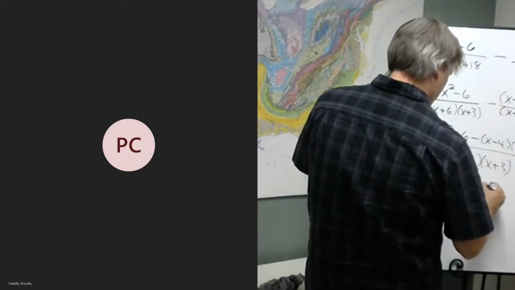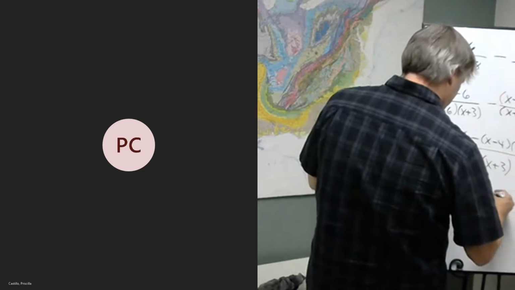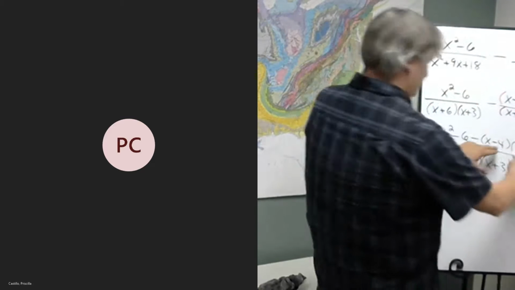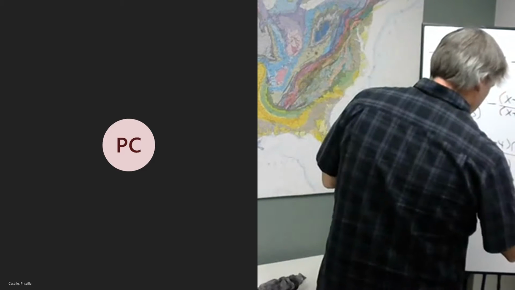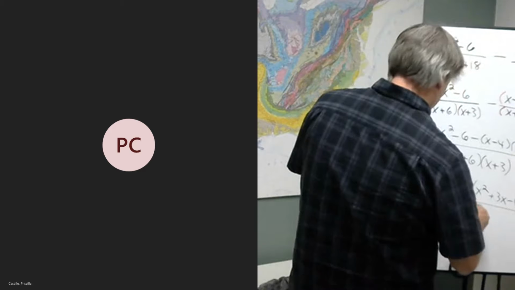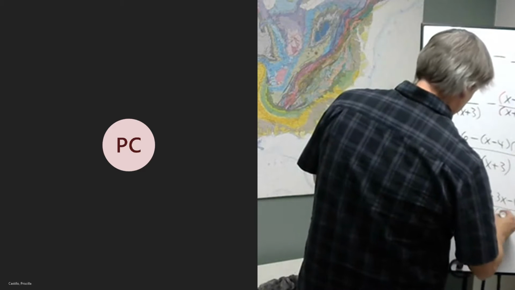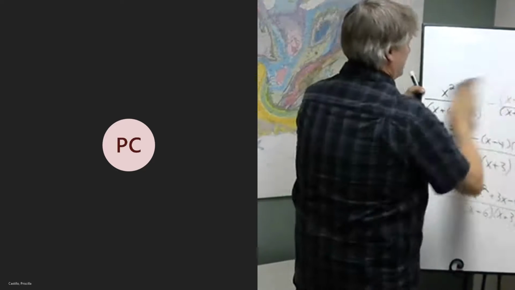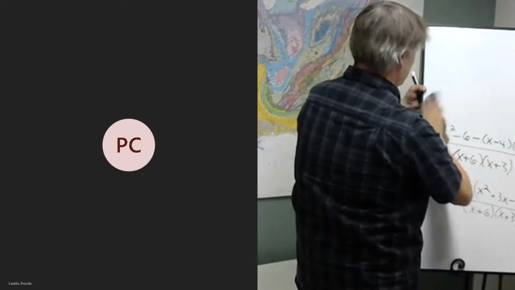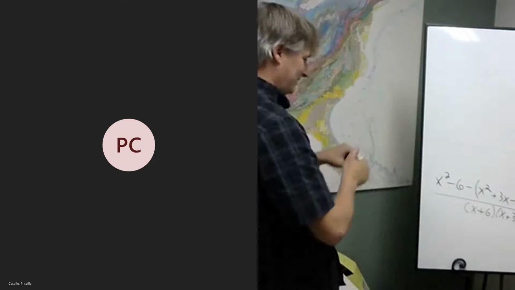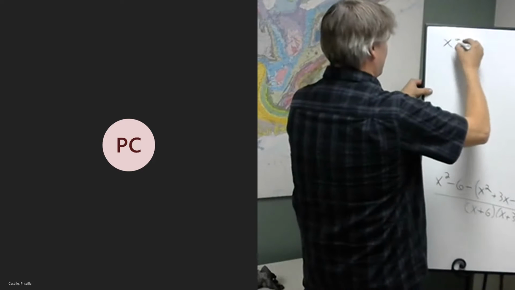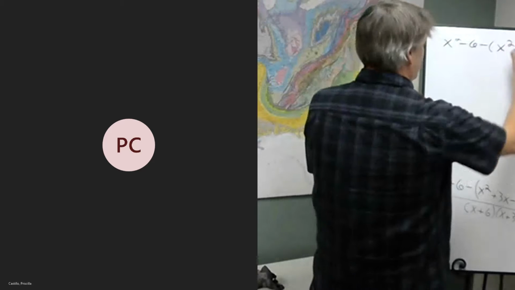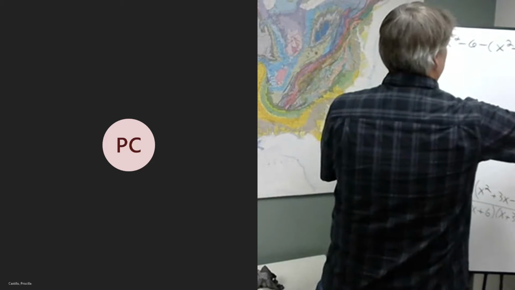X squared plus 3x minus 4x minus 12. Combine like terms with FOIL. Minus x minus 12.